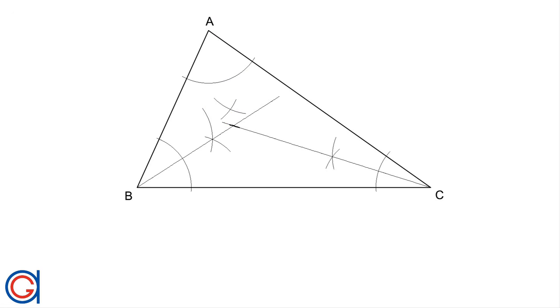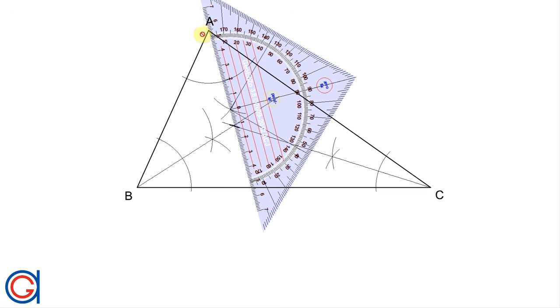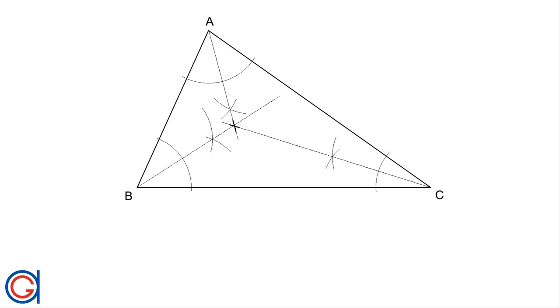And finally, we draw the angular bisector from vertex A through this intersection. And as you can see, it cuts exactly through the previous intersections at this point, which is the incenter point. Okay, which we will name IC, the incenter point.